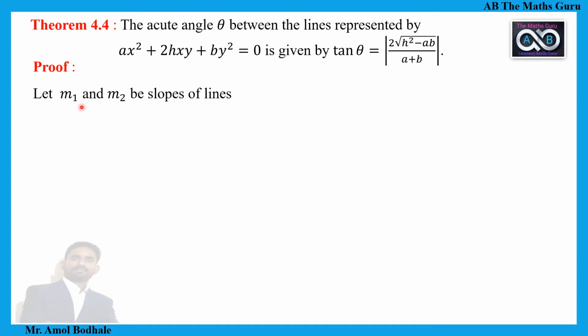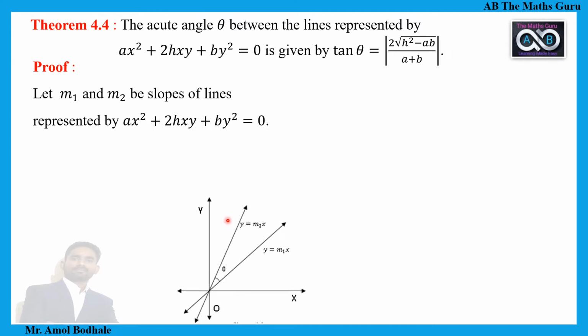Let m1 and m2 be the slopes of the lines represented by ax square plus 2hxy plus by square equal to 0. Here we consider the first line y equal to m1x and the other line y equal to m2x. These two are the lines represented by ax square plus 2hxy plus by square equal to 0.